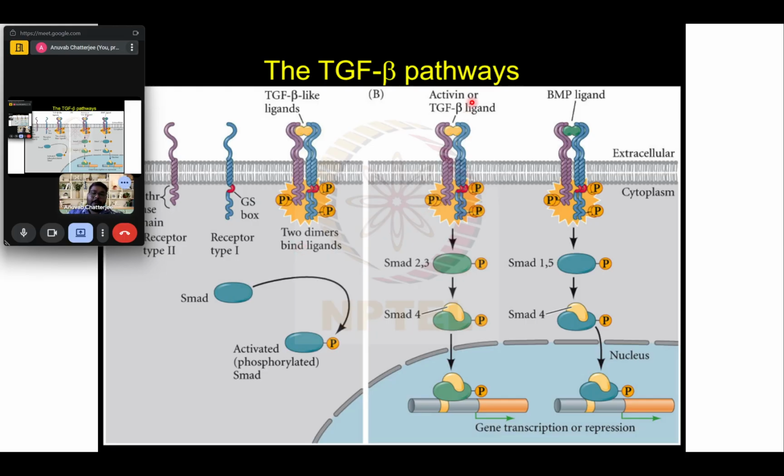In case of an activin and a TGF-beta ligand, this transphosphorylation causes phosphorylation of a downstream partner, SMAD2 or SMAD3. So you have downstream activation of SMAD2 and 3, and SMAD2 and 3 bind to SMAD4, which is known as the co-SMAD, and together SMAD2, 3 and 4 go into the nucleus and cause gene transcription.